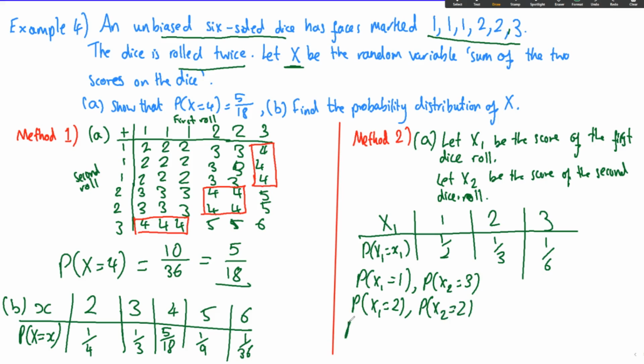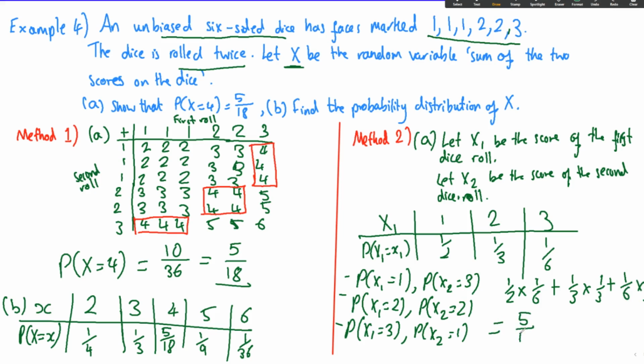And remember, we can also have x1 equaling 3 and x2 equaling 1. It's just the other way round of the first one. So to find this, all we have to do is multiply them together. So that will be a half times a sixth plus a third times a third plus a sixth times a half. If you work all of that out, that will give us 5 over 18.